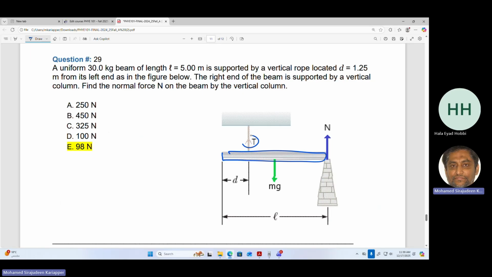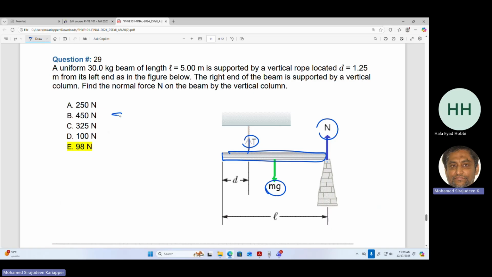A tension force acting here, the weight of the beam at the center, and at the support here, a normal force from the column which is supporting it upward. Only 3 forces. The question is, is it in equilibrium? It is not moving up or down, it is not rotating, so we have complete equilibrium. The question is to find the normal force.